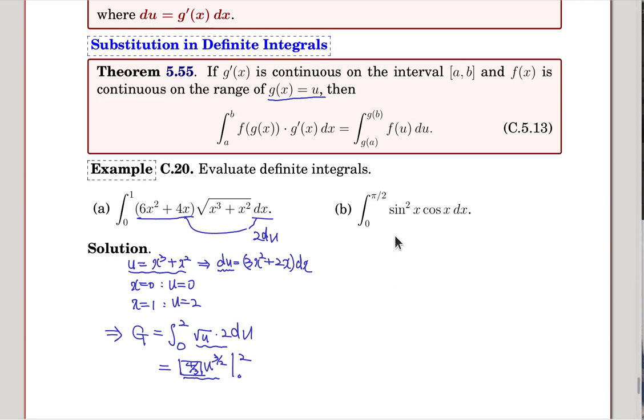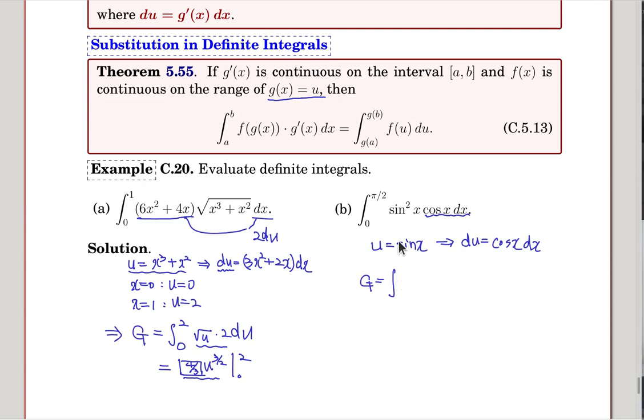Now for that one, if we use, for example, u equals sine x, then the derivative of sine gives du equals cosine x dx, so this portion will be changed into du. So for the given integral, we compute the lower and upper bounds directly.